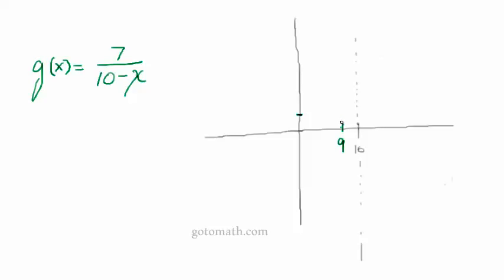What is g of 9? You get 7 over 10 minus 9, which is 7 over 1, which is 7. So you plug 9 in, and we get 7. Let's say it's right here.